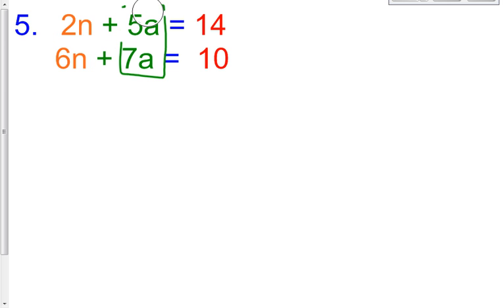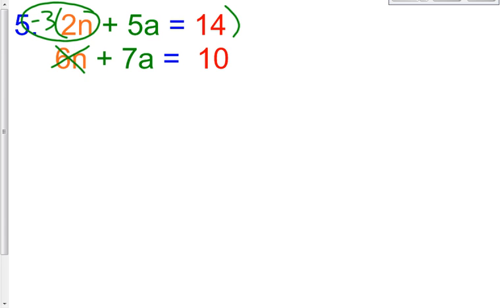Guys, here's what you should have gotten when you got rid of the n's. You should have multiplied this one by a -3. If you were to do that, you would get this to be a -6n, which would cancel out with this 6n. So when we multiply this, we get a -6n.